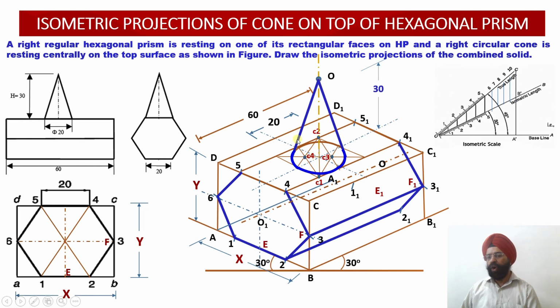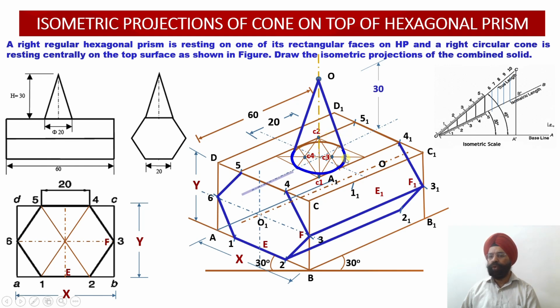Now the cone is covering, you can check, this portion of the top surface of the generator, which is 5 and 5-1. Corresponding to this edge 5 and 5-1, this portion has been covered by the cone, so we will not be able to see this. So again it is the lighter construction line.